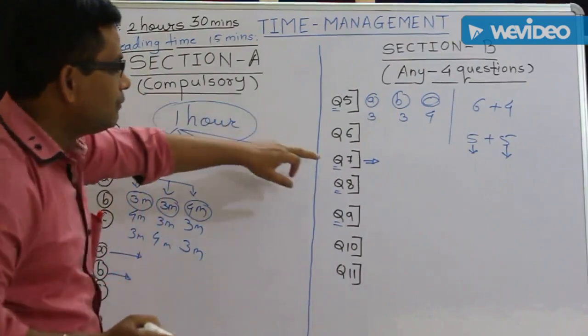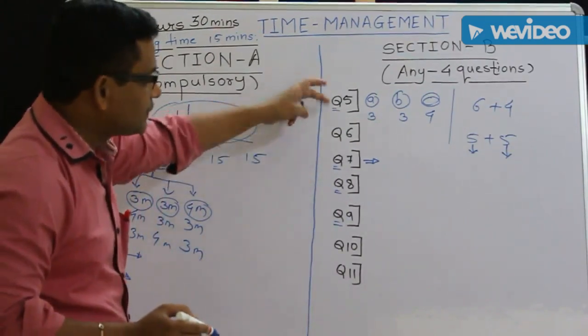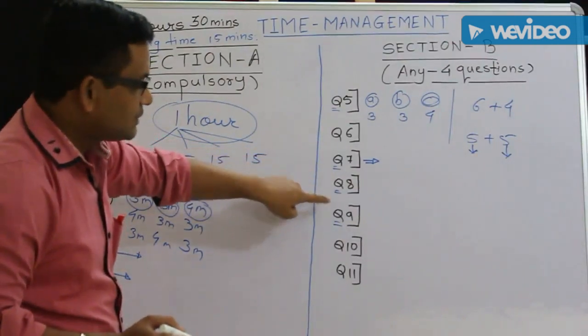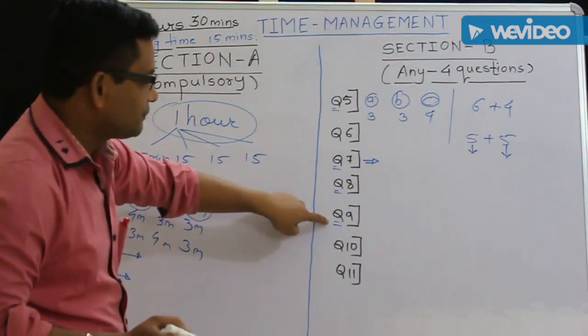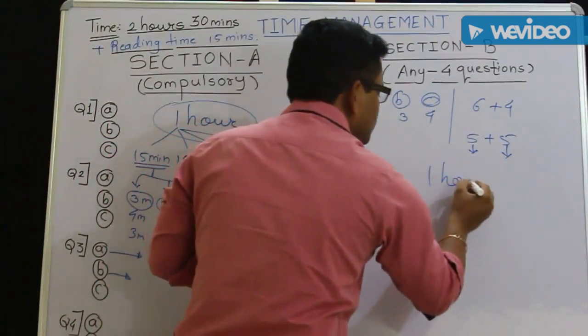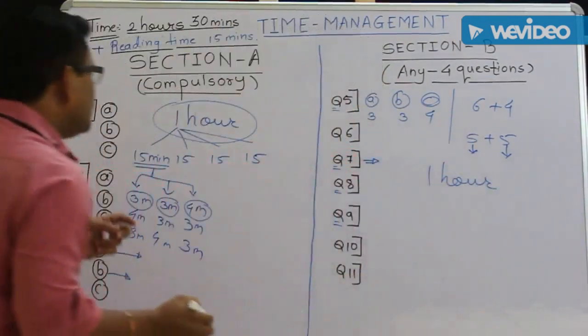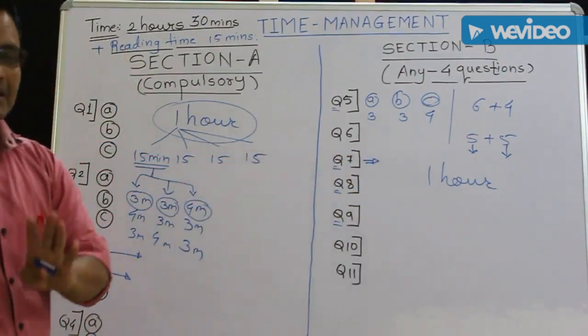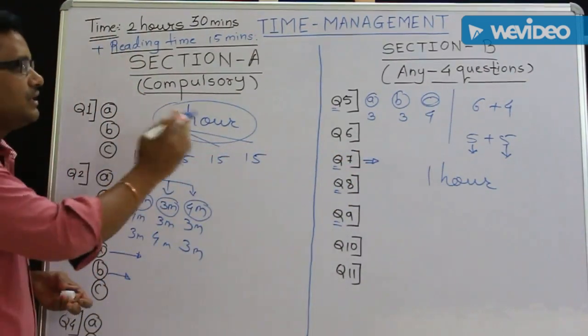If you are comfortable with 7, then after 5th you can directly start with question 7, and then 8th and 9th. You can finish this section within 1 hour. So in 2 hours we can finish Section A and Section B.